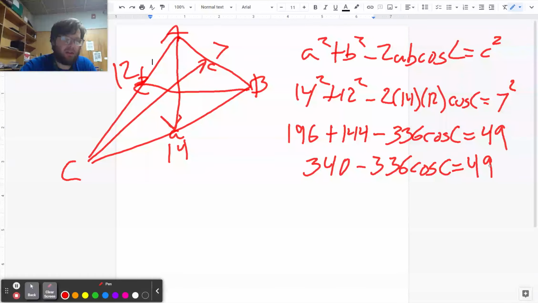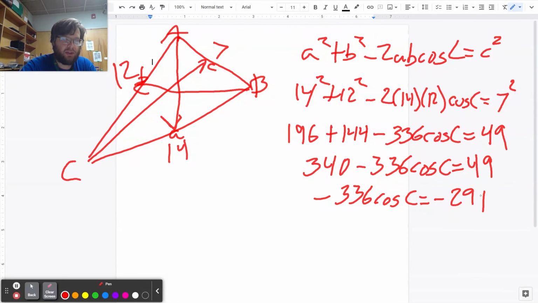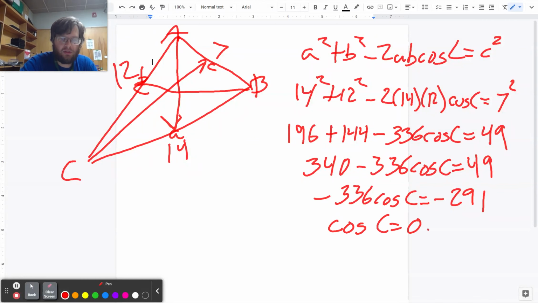Now I'm going to take that 340 away from 49. So negative 336 cosine C equals negative 291. Divide 291 by 336. Cosine of C equals 0.866.